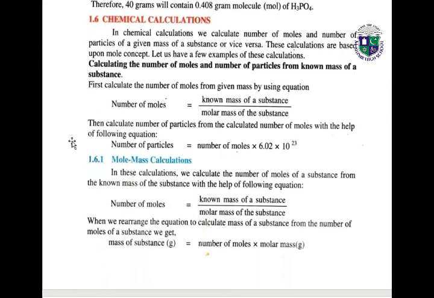Next, we have some chemical calculations. To find the number of moles, we must have known mass of a substance over molecular mass of a substance. Then calculate the number of particles from the calculated number of moles with the help of the following equation. Number of particles is equal to number of moles into 6.02 into 10 with power 23.